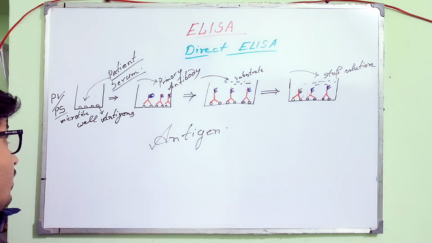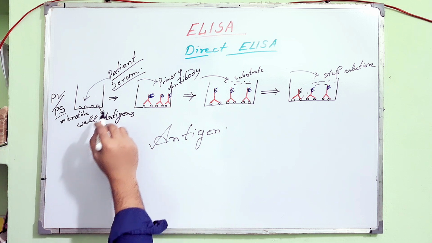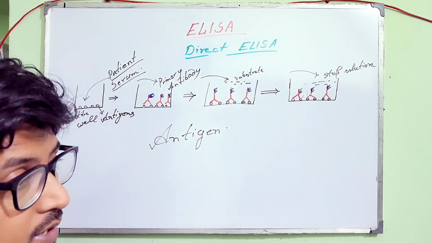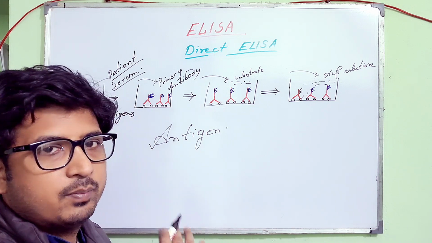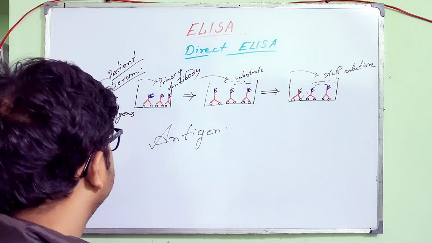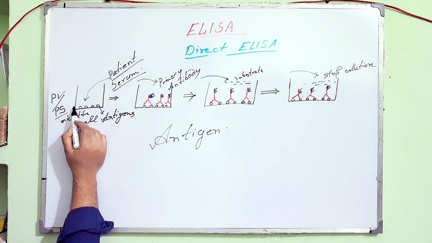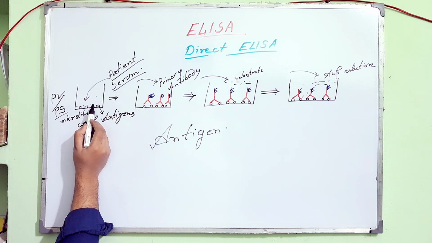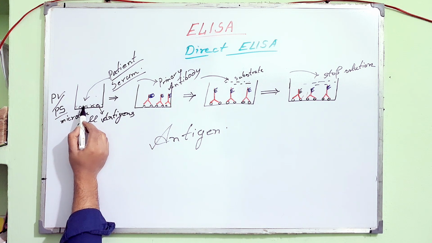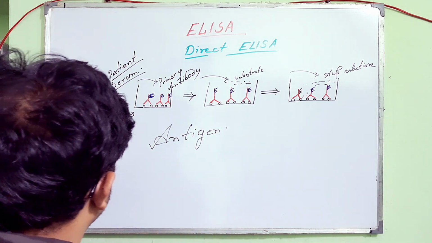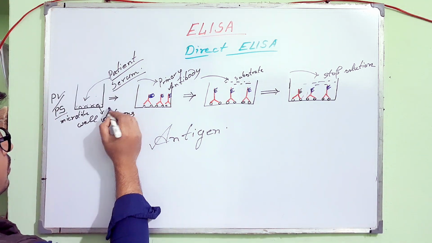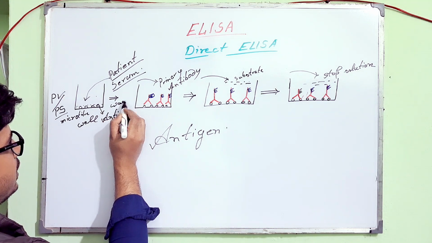So after overnight incubation, if the patient serum contains the antigen, it will adhere to the wall of the microtiter wells. So basically the desired zone of adherence is the basal level of the wells. Okay. Now we have to wash after the incubation.